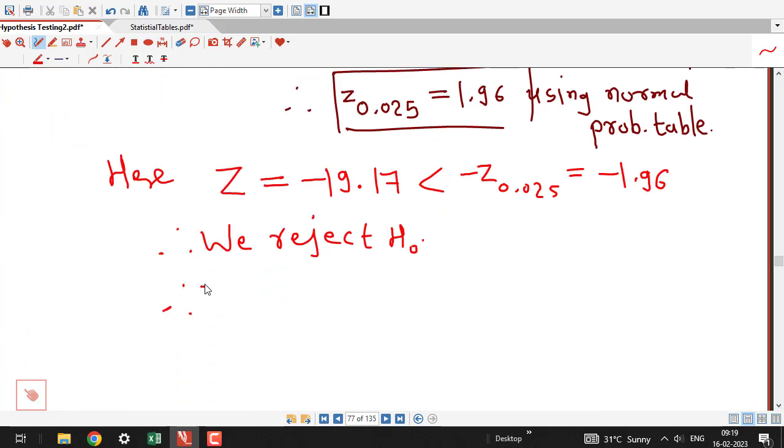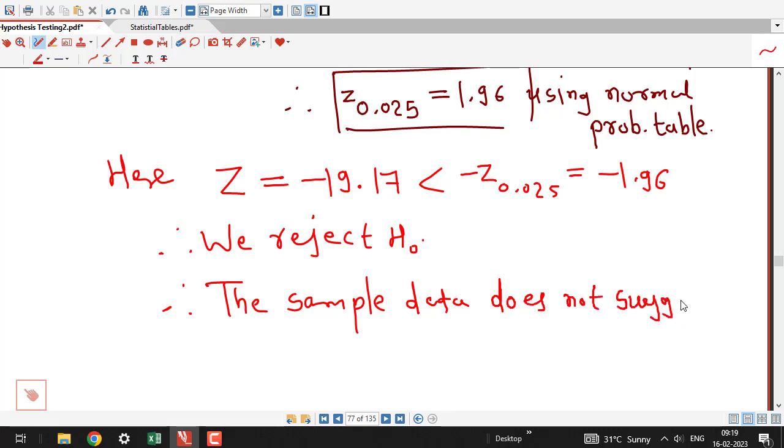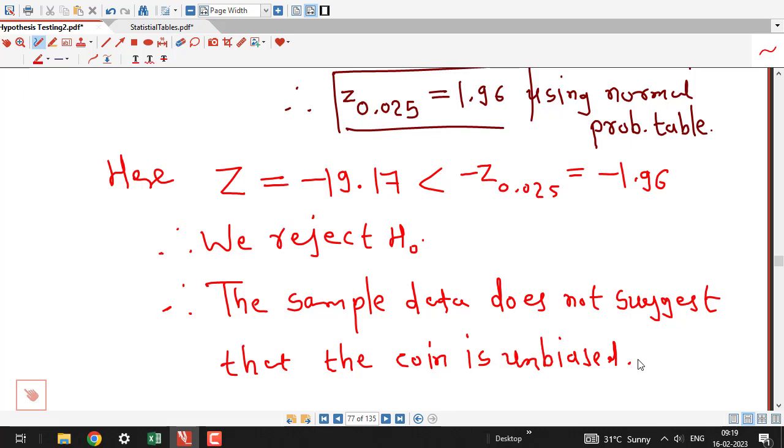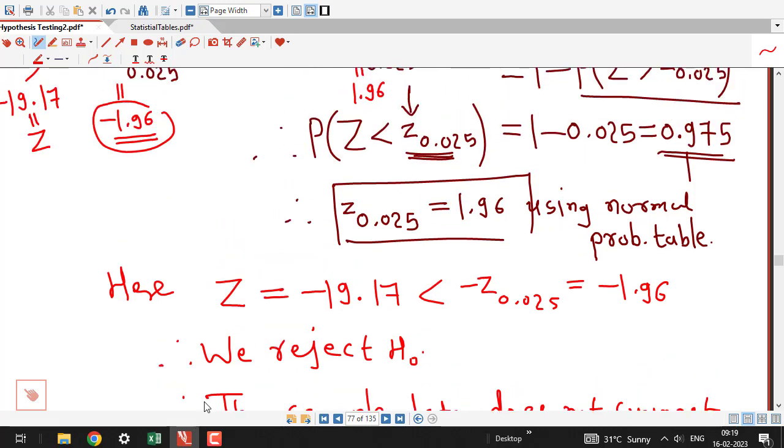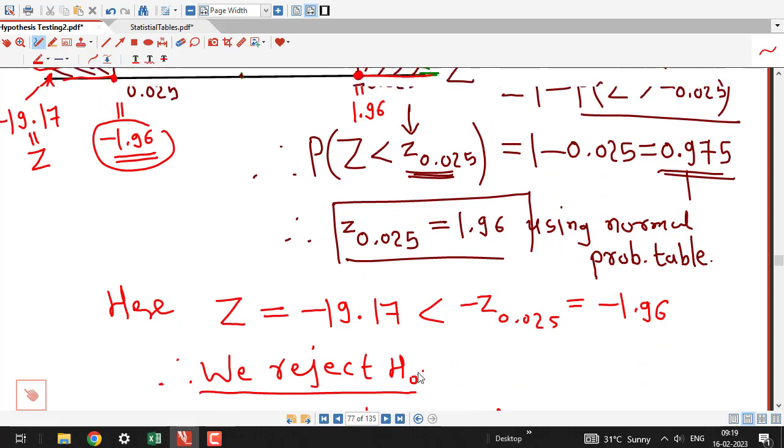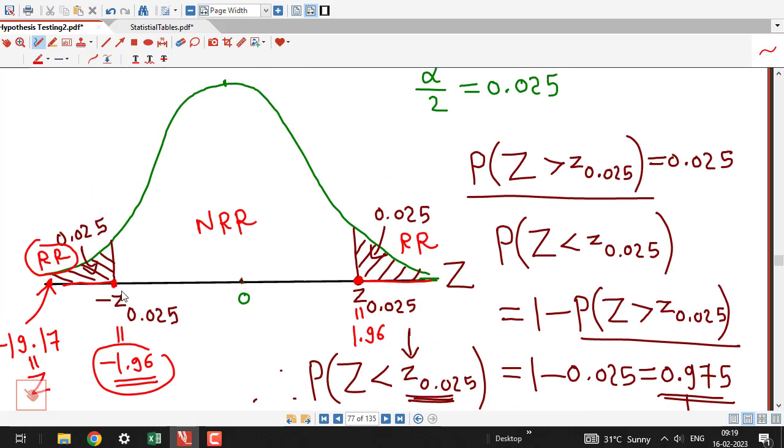Therefore, we reject the null hypothesis, and the sample data does not suggest that the coin is unbiased, because we should reject the null hypothesis since the calculated value of the test statistic is smaller than this.